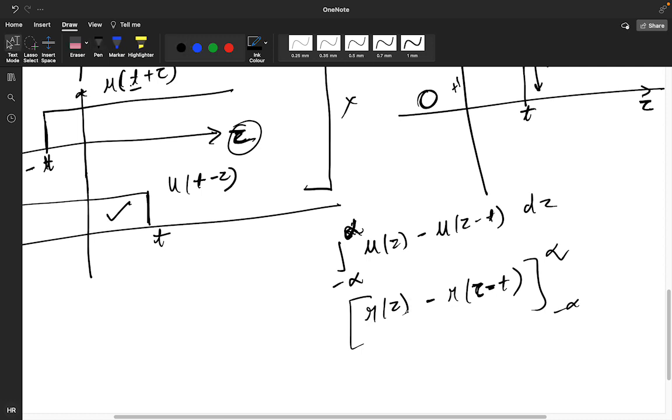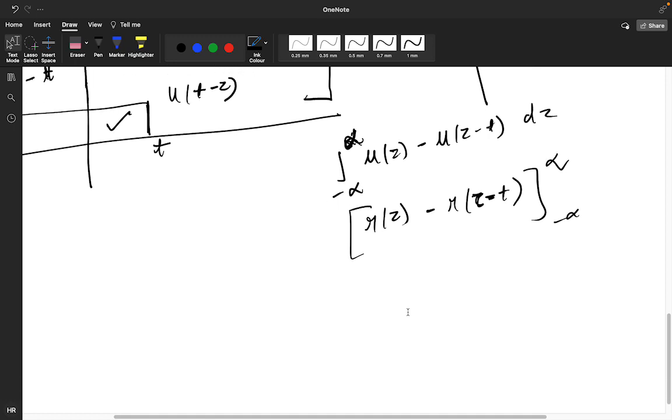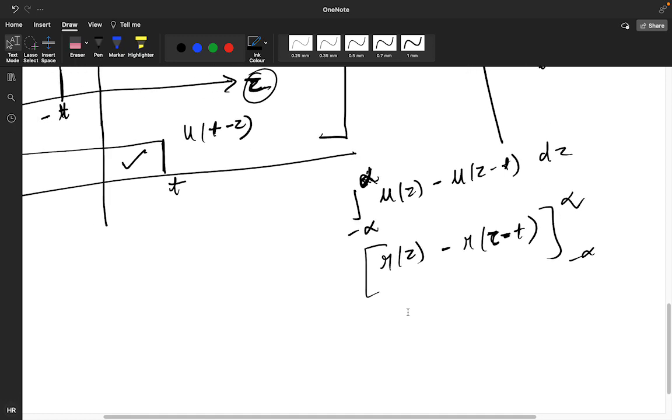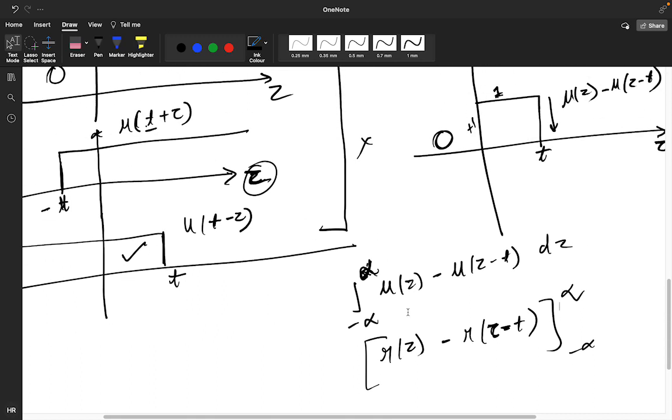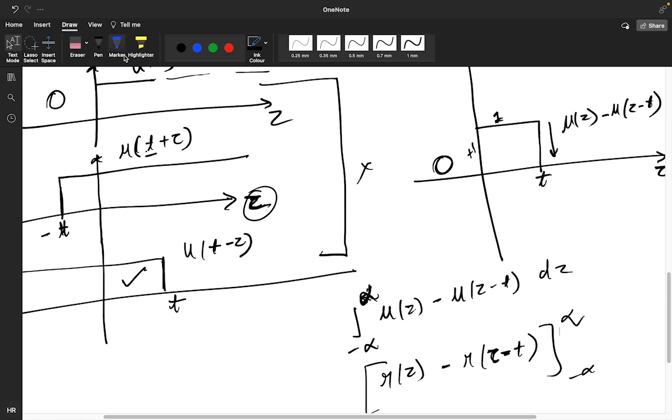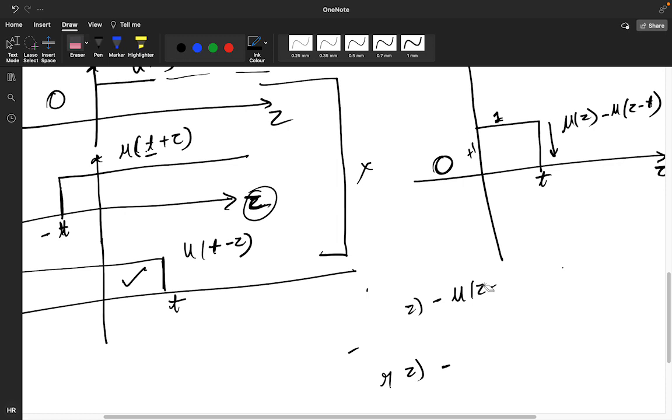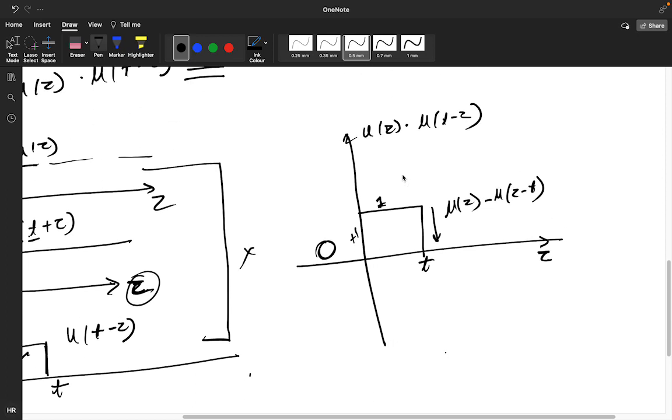So, what is the meaning of this? You can do one thing: if you want to get it in graphical form, after multiplication we got the result like this.